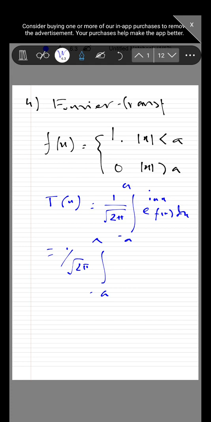Now what we will do, we will take this condition that the mod value is less than a.